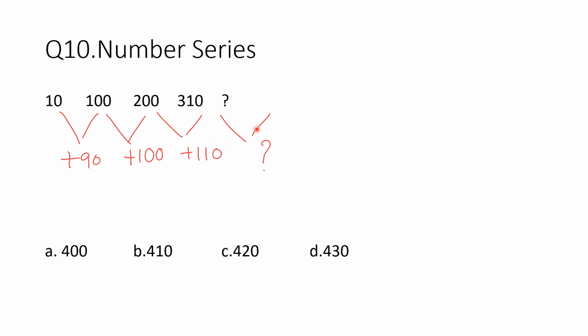So the next difference should be that of, आपके difference में भी एक pattern है, 90, 100, 110. So it should come as, think of it. Yes, so 120 is to be added. 90, 100, 110, 120. And that takes us to 310 plus 120, that will be 430. And we have an option D with 430. So this is the answer.